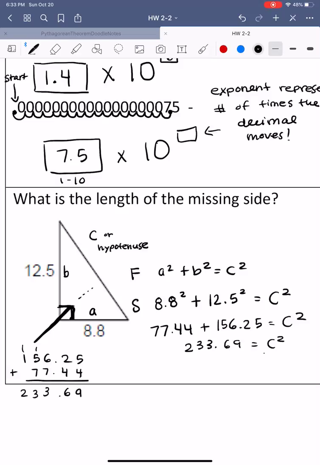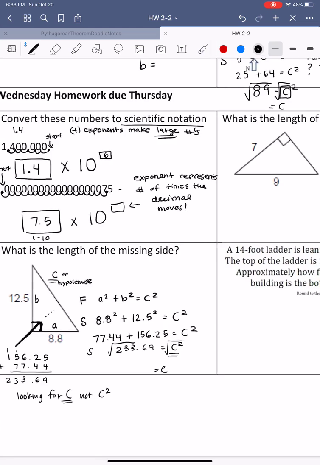So then once again, we're looking for c, not c squared. So having to take the square root of both sides and be able to get our answer of c, because the square root of c squared is c.